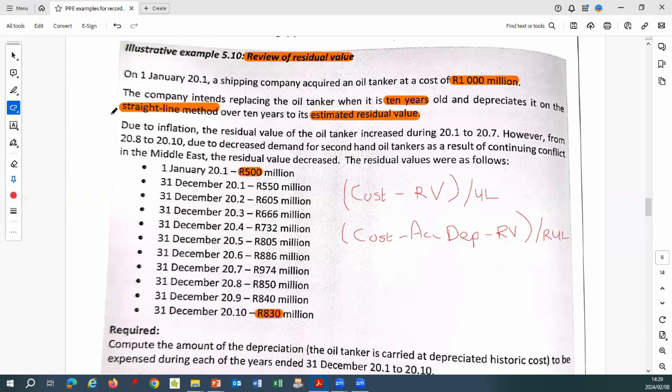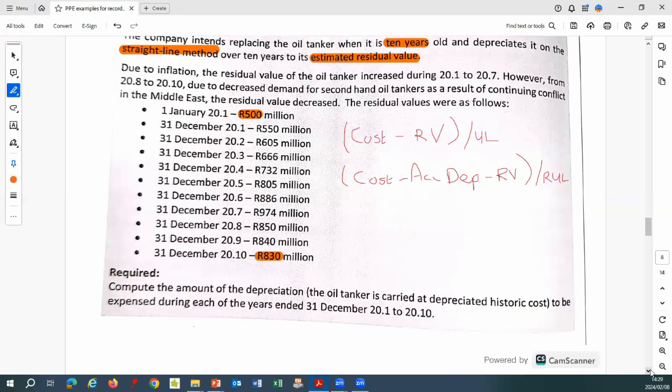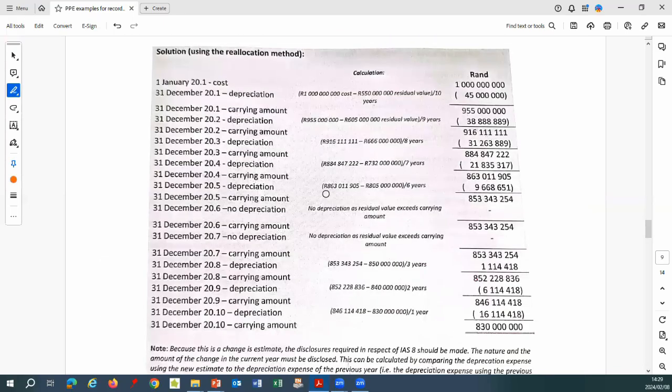Okay, so when we have a look at the solution, as we go to the next page, we can see that what they have done is they've used the second approach, which is they've got the carrying amount minus the residual value over the remaining useful life.